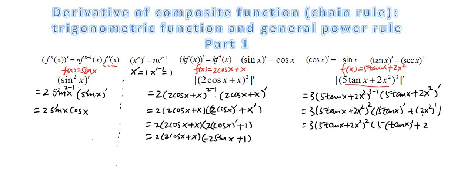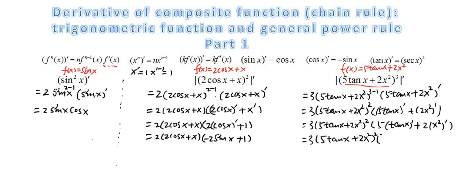And of course, we're gonna do the derivative for the x squared. Now we can simplify it. We're gonna have 3 times (5 tangent x plus 2x squared), and the tangent x, we know derivative of tangent x equals secant x squared.